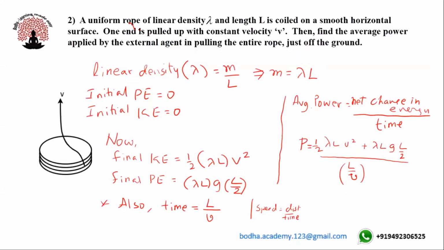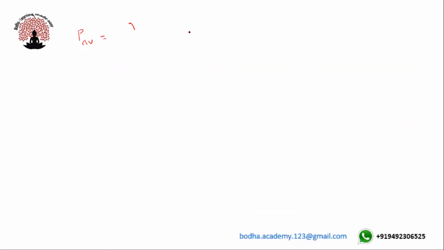So I can write average power is equal to lambda L. The previous step we will be writing once again: lambda L v square divided by 2 plus lambda L g L by 2, whole thing divided by L by v.